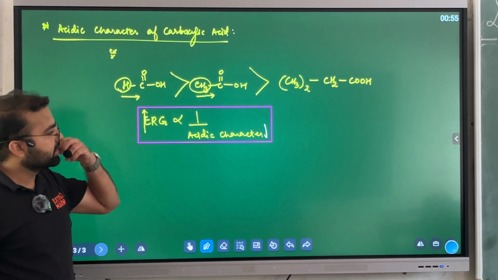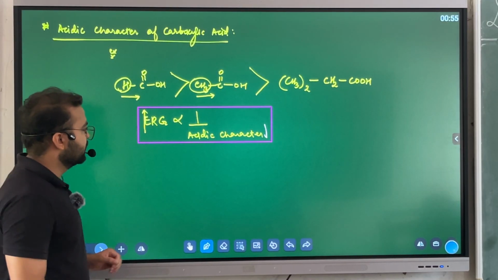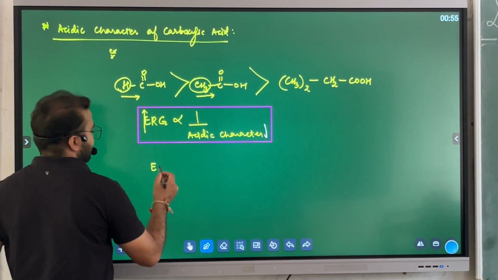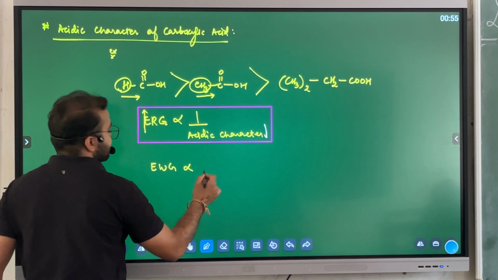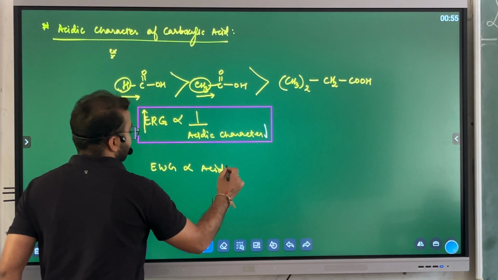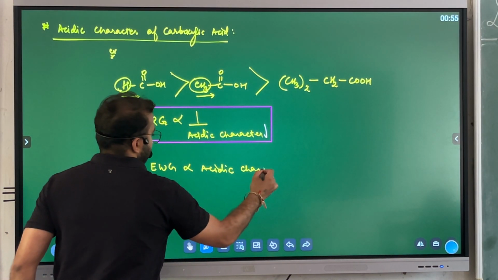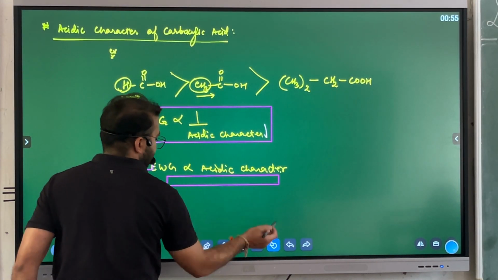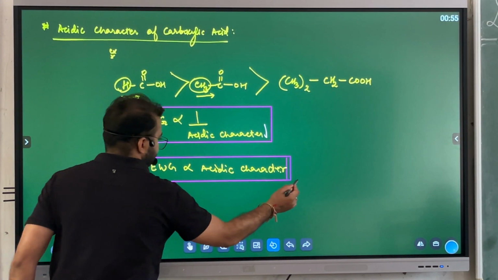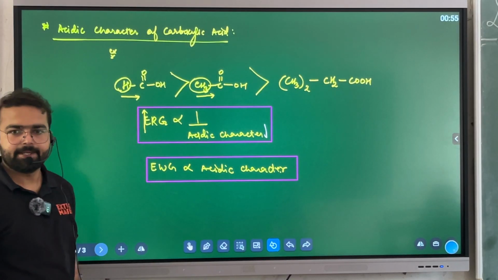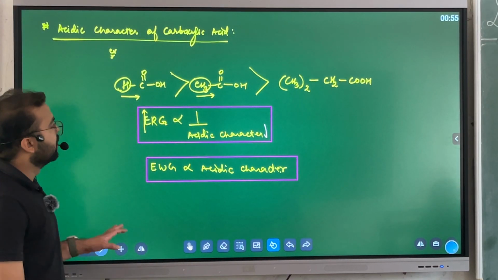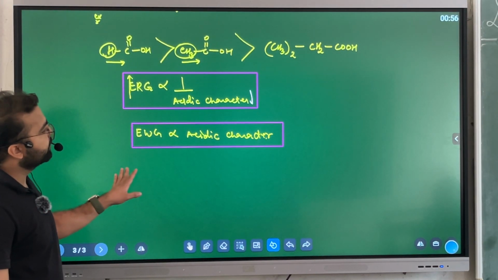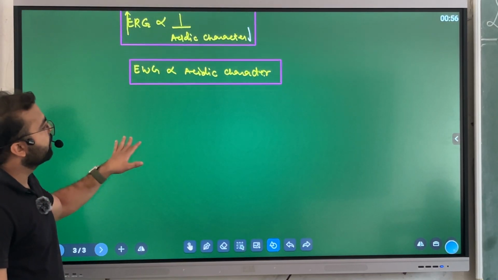So now based on this, on the other hand, we can also write: if the number of electron withdrawing groups increases, the acidic character will increase. So the acidic character is directly proportional to the electron withdrawing group part. Is this clear? Okay. Stop writing, first understand, this is important.